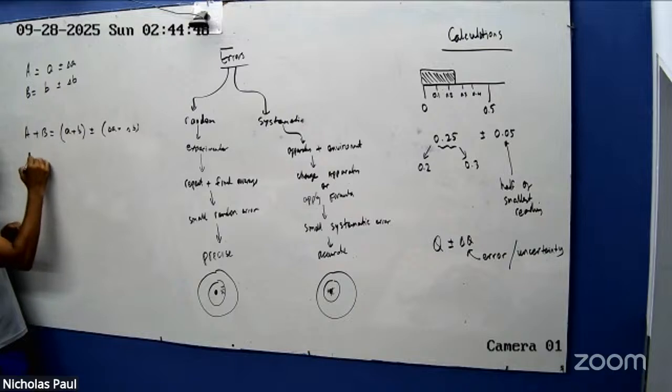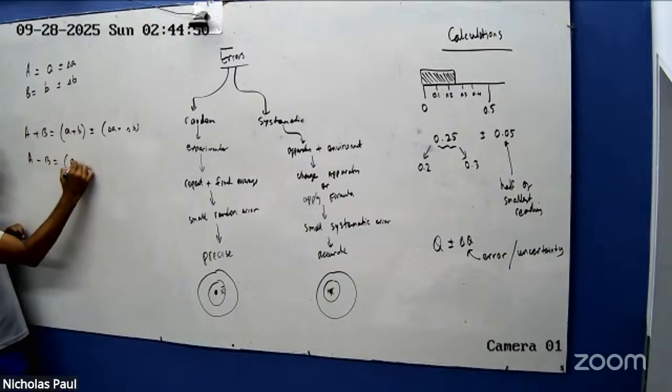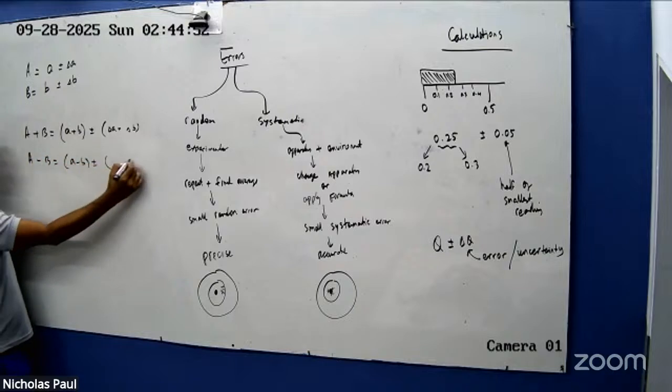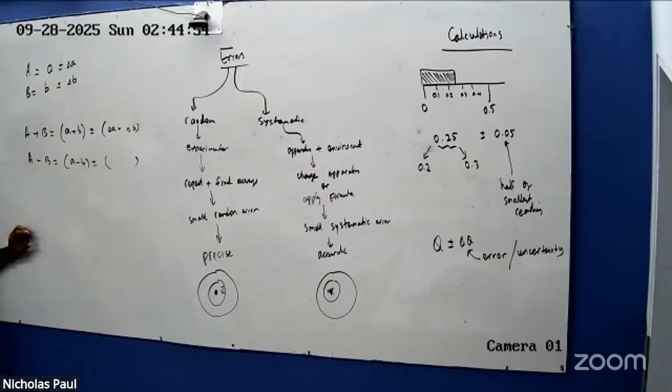Suppose it was A minus B. You subtract A and B. And what are you going to do with the errors? Nope, never subtract errors. Because what you're saying is that you used two apparatus with two sets of errors, where you get fewer errors. You're supposed to get more errors.